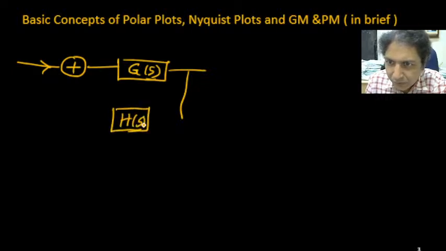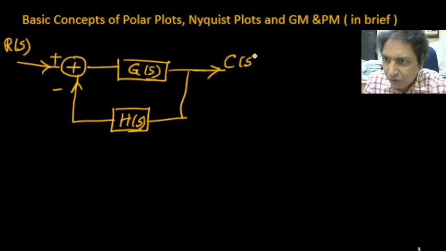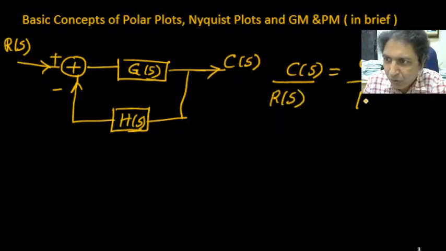That function is H(s), and generally it is a negative feedback. This is plus, this is minus, and this we will call the reference input R(s), and that we will call the controlled output C(s). And we understand that the transfer function C(s)/R(s) is given by G(s) upon 1 plus G(s)H(s).